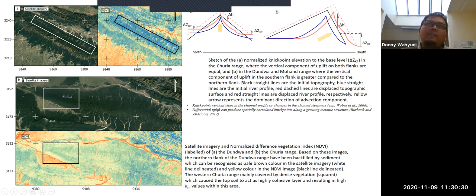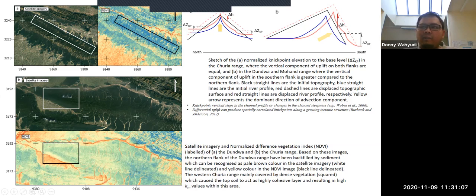To explain the asymmetry of nick points, we tried to make this sketch. If we have a uniform displacement between the north and the southern flank, it will cause nick point elevation to the base level at the same magnitude between the north and the southern flank.